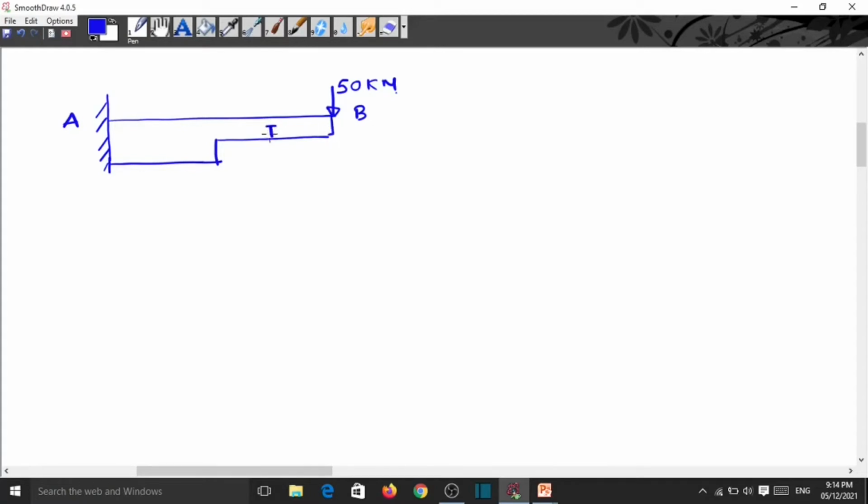Suppose this is I and this is 2I. So this length is 2 meter and this length is 2 meter. So here find slope and deflection at free end.